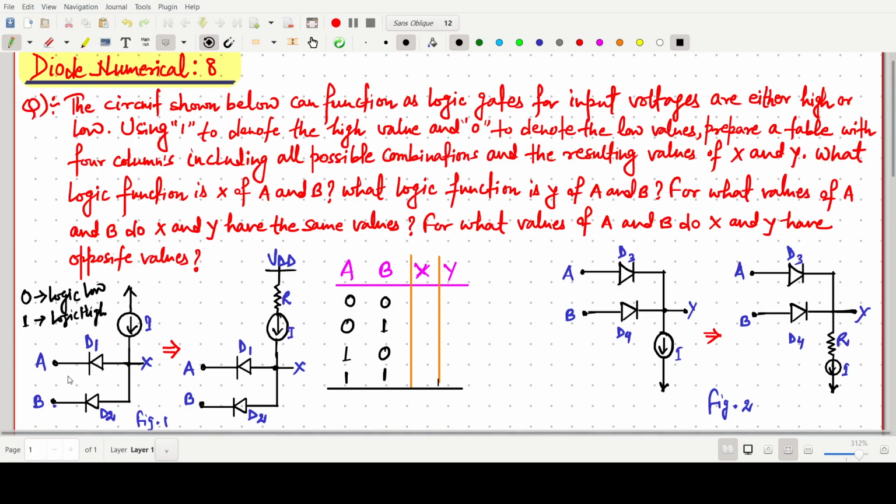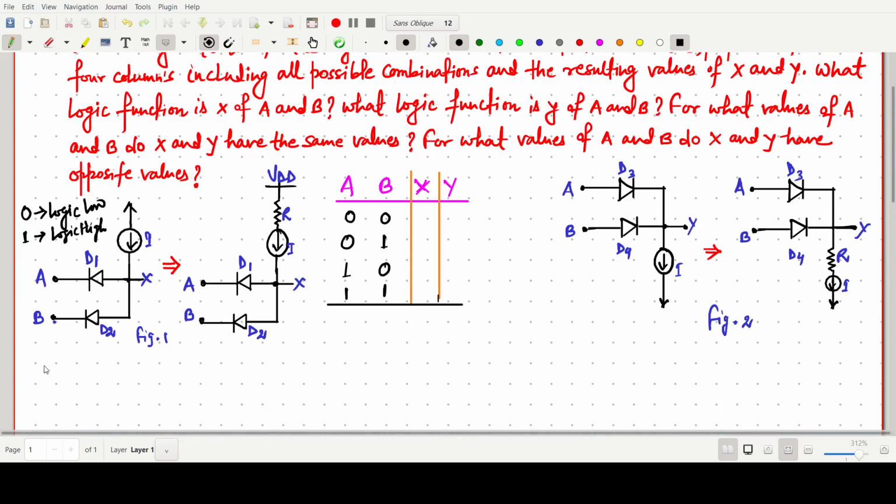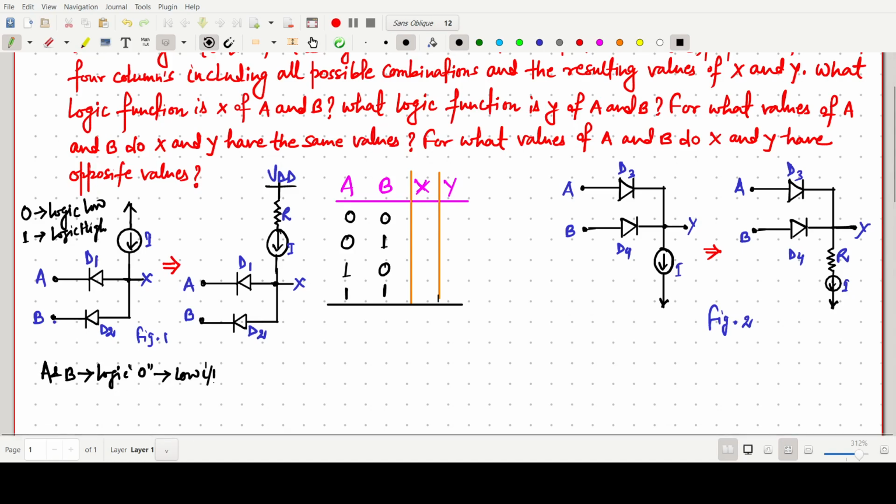For the very first case, we give A and B as 0, and all the diodes are ideal diodes. When A and B are logic 0, we are giving low input, so both D1 and D2 are forward biased, on, or short circuited.